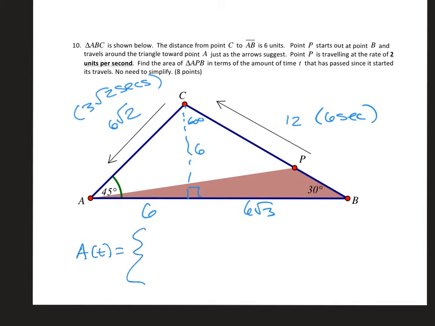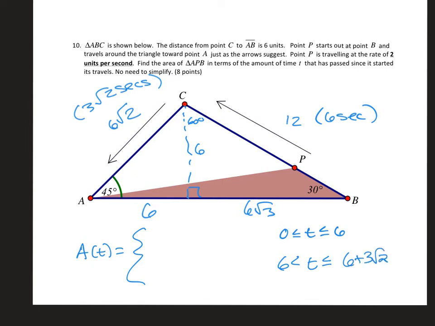So it's going to be one formula when time is between 0 and 6 seconds, so again, when P is going from B to C. And then a new type of formula is going to be needed when P goes from C to A. So that is going to be when time is not greater than or equal to, just greater than 6, less than or equal to the total time, which is 6 plus 3 root 2 seconds.